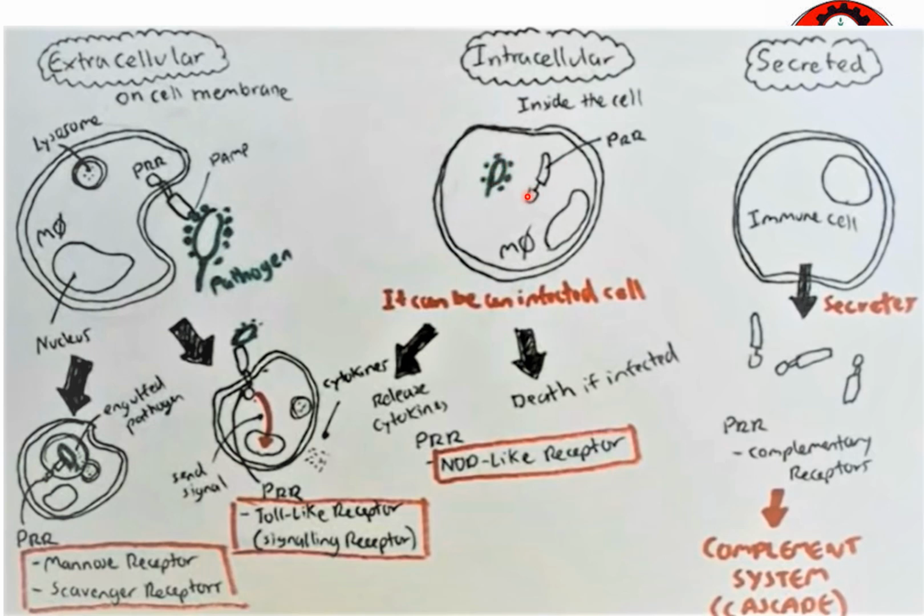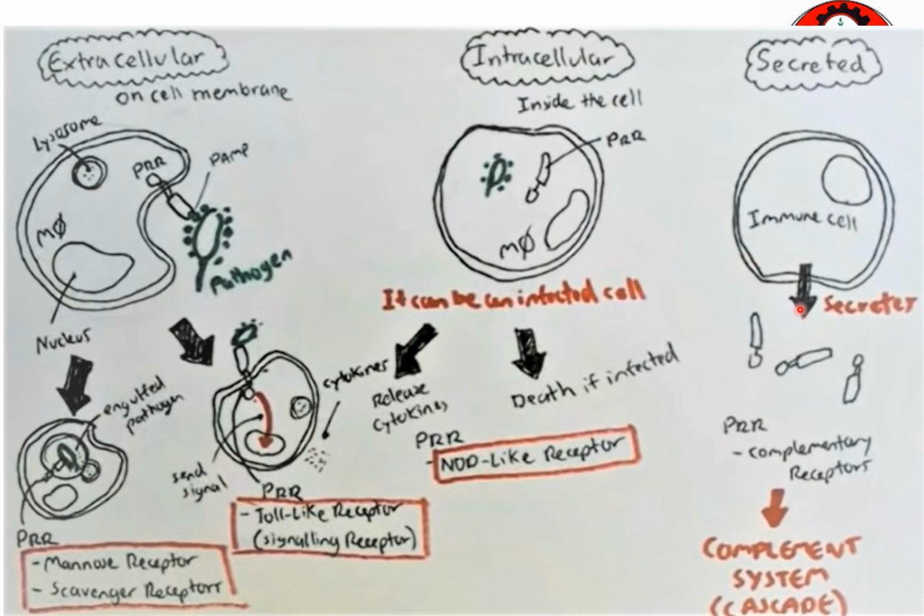Or in the case that the cell, the macrophage here we're talking about, becomes infected, it might lead to death. So if the pathogen binds to the PRR, then this is going to lead to activation of the signaling cascade, which is going to lead to release of cytokine, and in this case the PRR is NOD-like receptor.